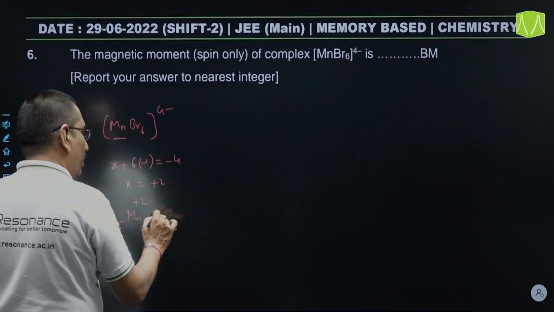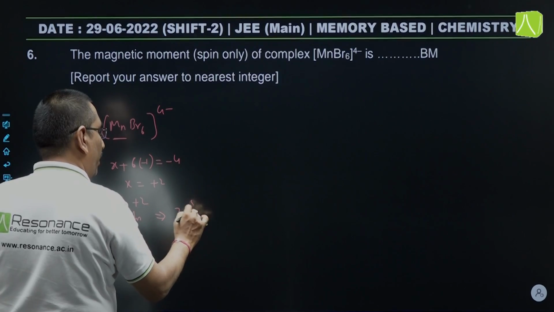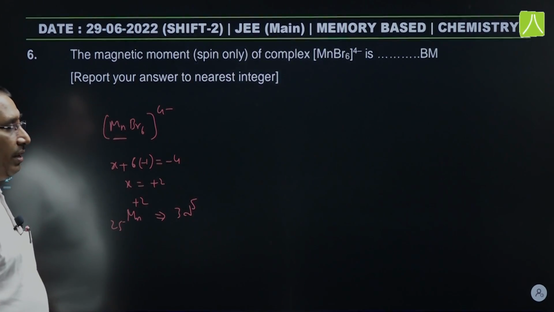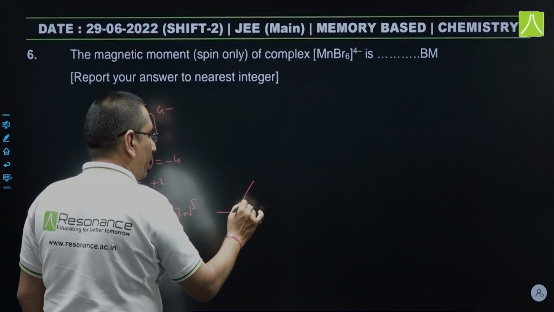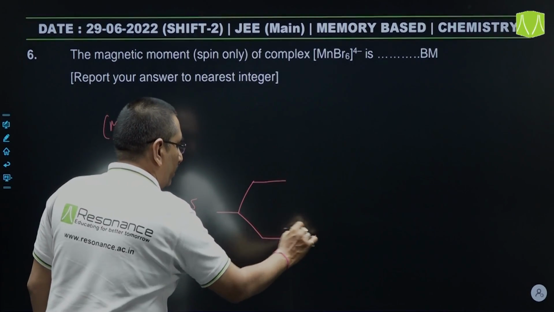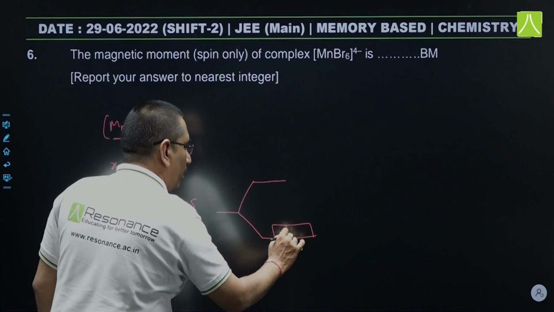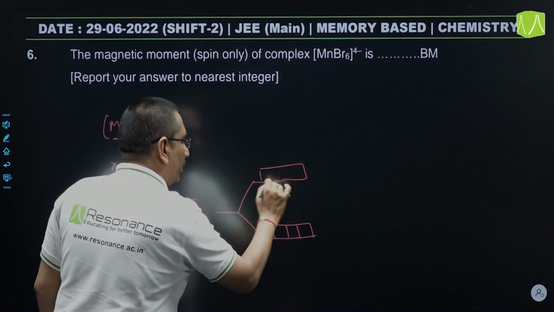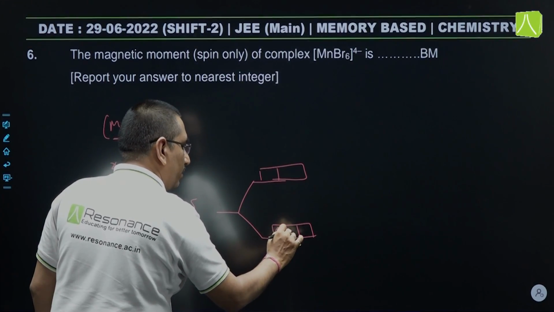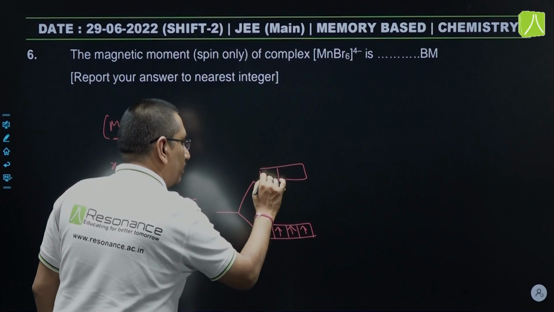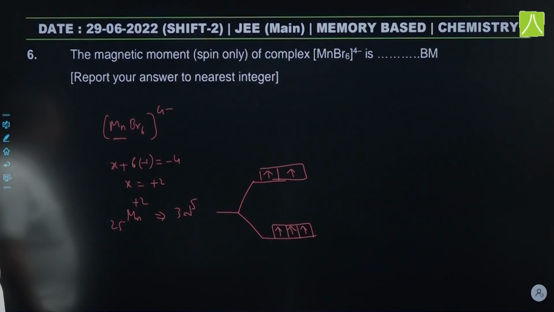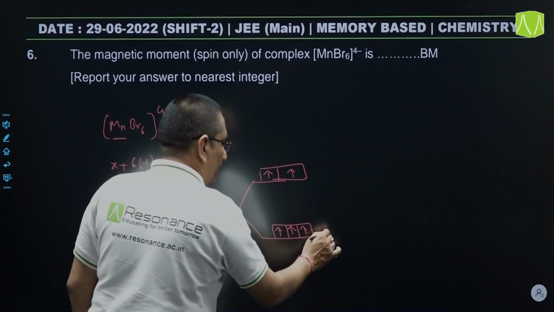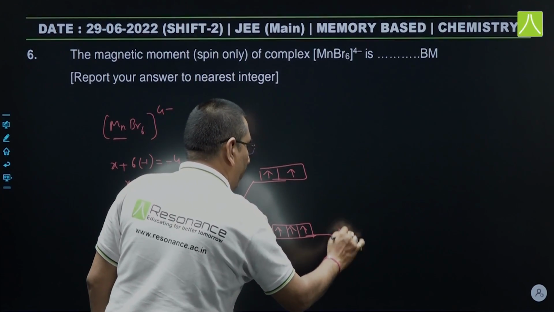Now, its configuration is 3d5, and in presence of weak field ligand, it is the octahedral complex. In presence of weak field ligand, each orbital is half filled like this, because of 3d5 configuration, and each t2g and eg orbital is half filled.